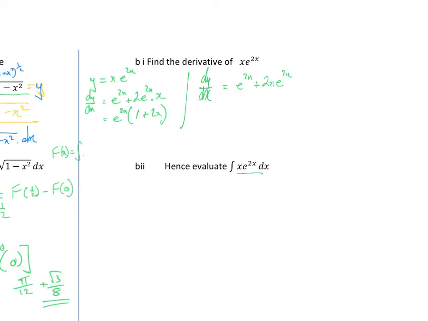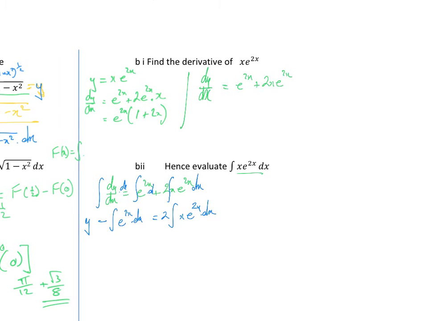All right, part B, I'm going to bring that expression down. dy/dx equals e to the 2x plus 2x e to the 2x. So now if I integrate everything with respect to x, I have equality. So therefore I get y minus the integral of e to the 2x dx is equal to 2 times the integral of x e to the 2x dx.